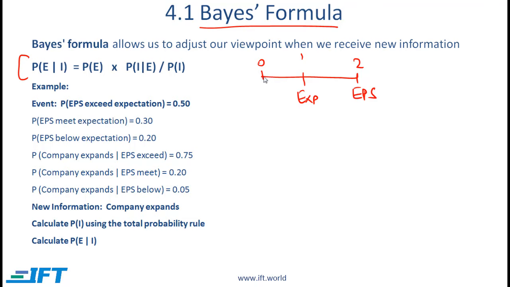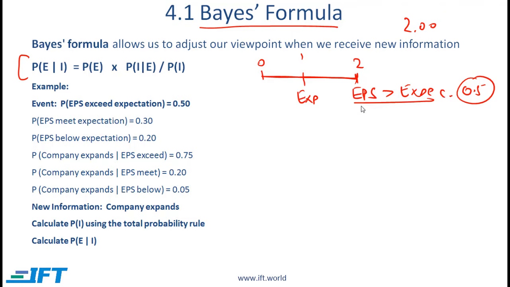Let us say that the event that you are interested in is the event where earnings per share exceed expectations. Analysts have a certain expectation related to the earnings per share. Let's say analysts expect earnings per share of $2 per share, and you are thinking that the probability that earnings per share will exceed expectations is 0.5.